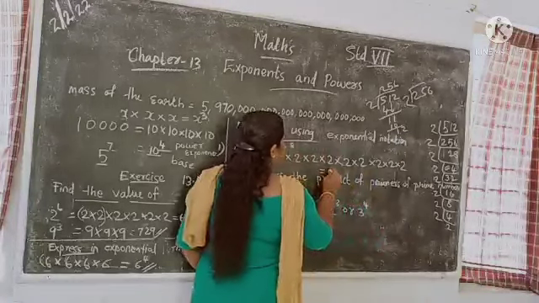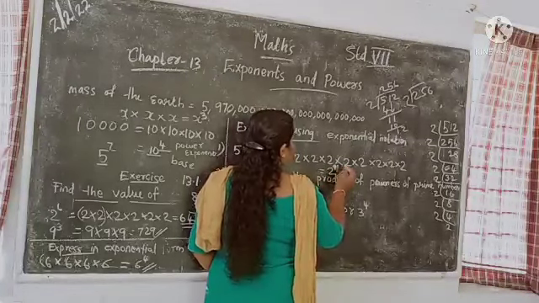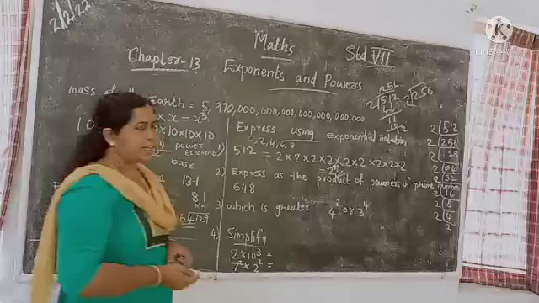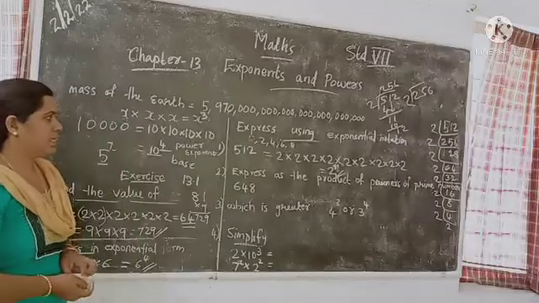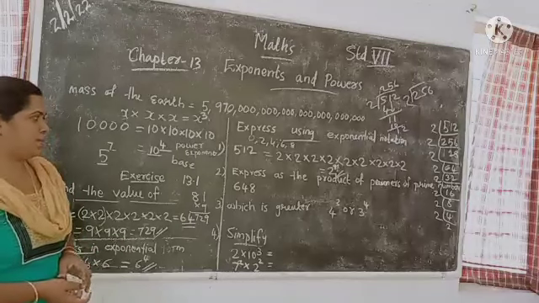That is 2 raised to 9 is the exponential form of 512.